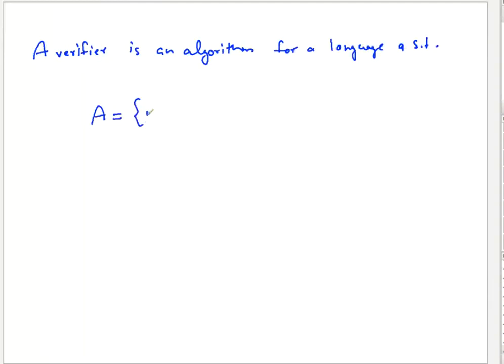So a verifier, if we have to write it formally, is nothing but an algorithm for a language A, such that this language A is defined as follows: W such that V accepts W, C. And this verifier that we are talking about is deterministic.